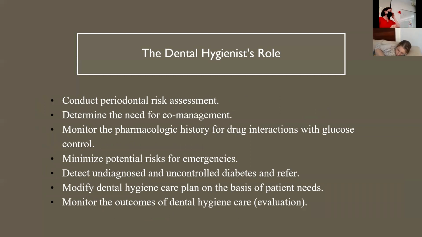So what's our role? As dental hygienists, we can do a lot of educating, talking to our patients about encouraging them to do everything they can to stabilize their condition, bringing awareness to them about what their blood glucose levels are. They just might be one of those patients, especially if it's type 2. If it's type 1, chances are they're pretty on it because they know it's such a life and death scenario. But when it's type 2, sometimes they can be poorly controlled and not really feel the effects yet.